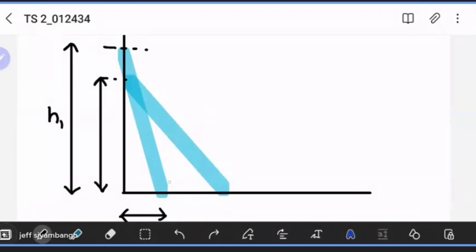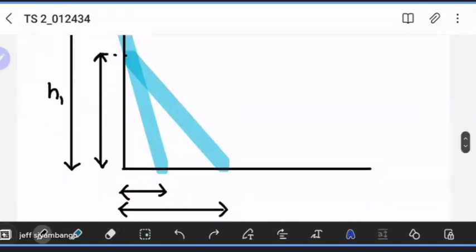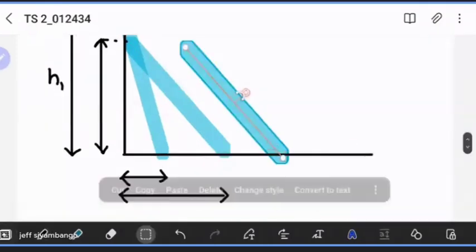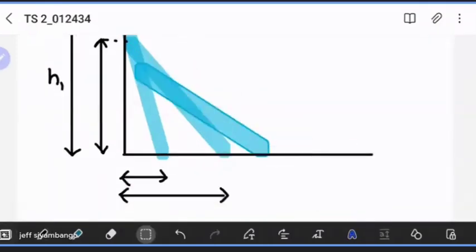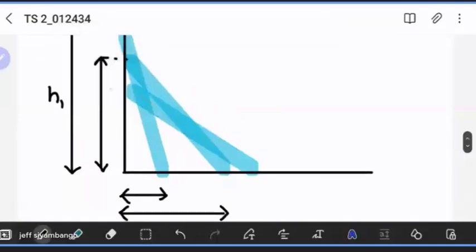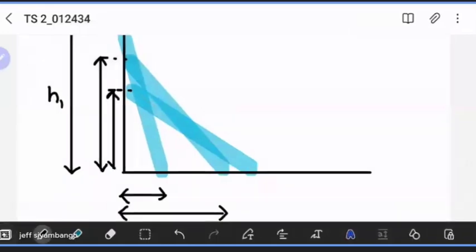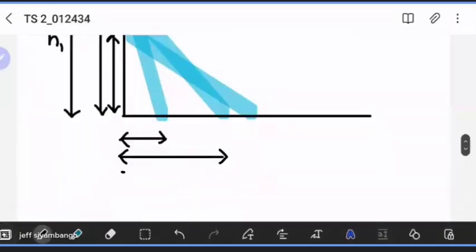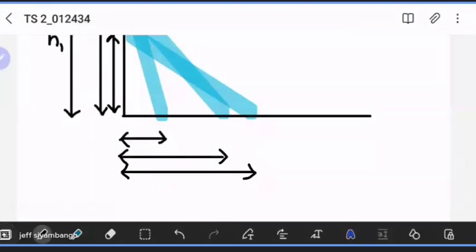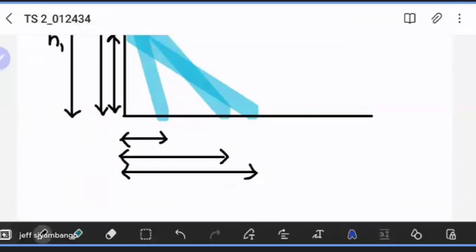The length is still 12. Even after pulling for some time, a bit longer, something like this now. What has happened? Now the height is only up to here. The height has reduced further. What has happened to the base? The base has increased again. So we see that the base keeps increasing, the height keeps reducing, but the length L of the ladder remains 12 meters. Do you agree now?